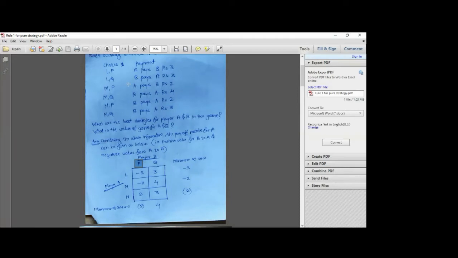A pays B rupees 2. So A is paying, so it will be minus 2. Similarly for MQ, B pays A rupees 4. So B is paying, so hence it will be positive. NP, so B pays A rupees 2. So hence it will be positive here. And for NQ, B pays A rupees 3. So here again it will be positive.